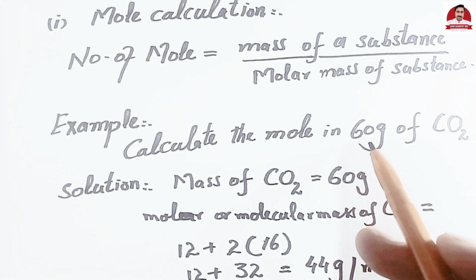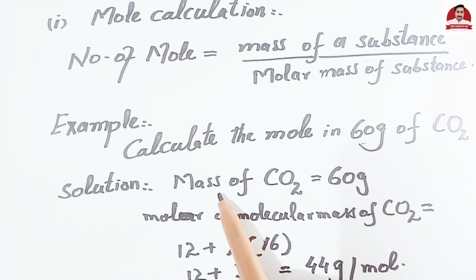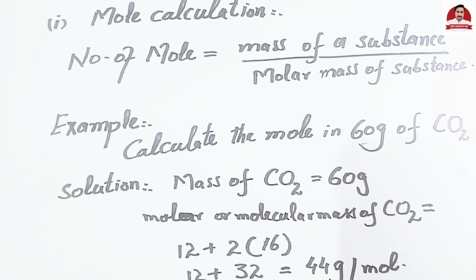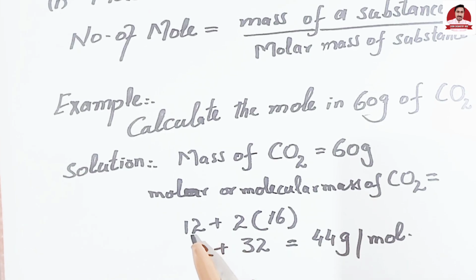As we are given 60 gram of carbon dioxide, the mass of carbon dioxide is 60 gram, and the molar or molecular mass of carbon dioxide we can calculate here: 12 is the atomic mass of carbon atom plus the number of atoms of oxygen, and 16 is the atomic mass of oxygen. So we can calculate their molar or molecular mass, which is 44.